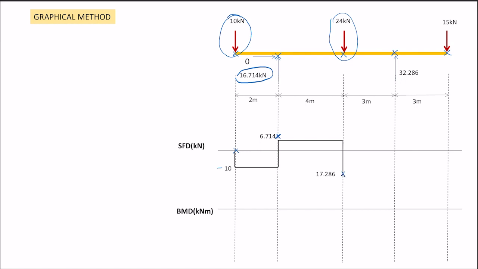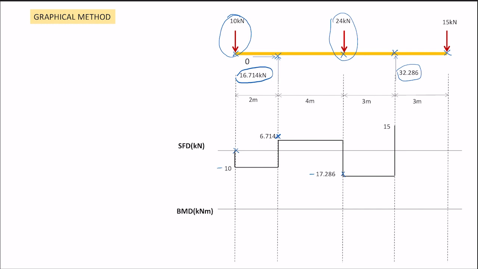So, dia akan turun bawah. And for the next 3 meter, there is no force, so it goes straight. The RBY 32.286 going up. Therefore, 17.286, this value is negative, plus 32.286. It becomes 15. Naik ke atas.